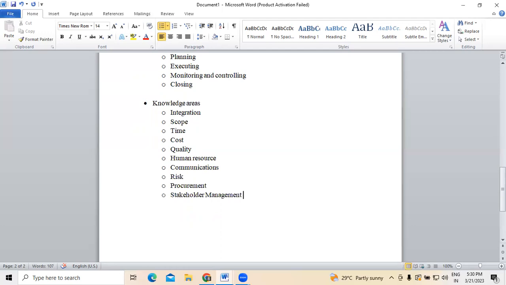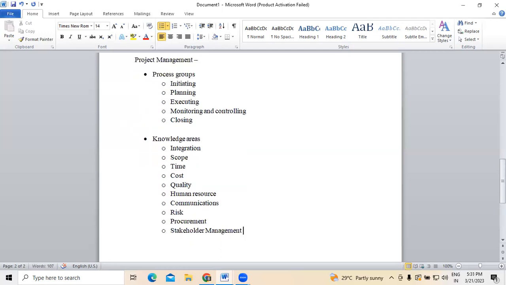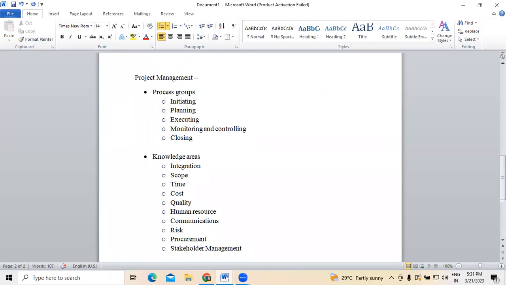So these are the two different things you see from the project management point of view. Now, when we talk about the detailed part of process groups, which are essentially important especially when we are learning project management, most people will have a doubt here.